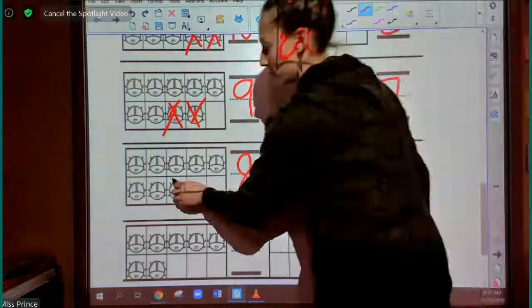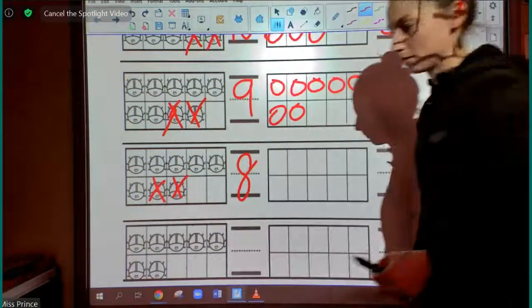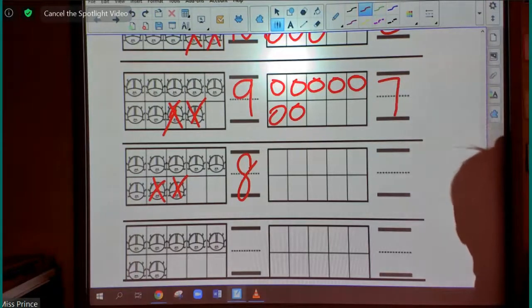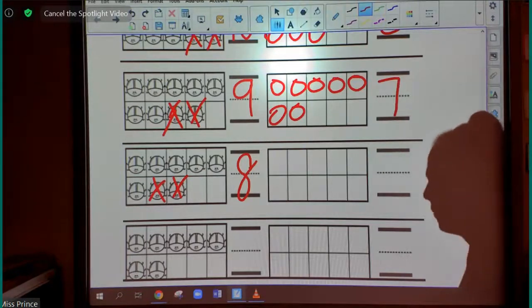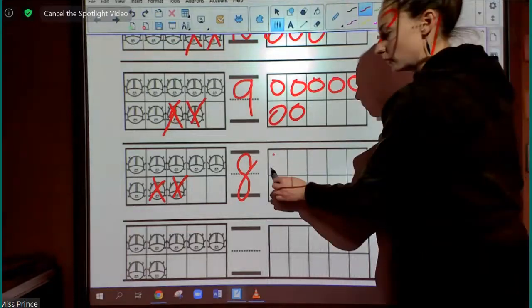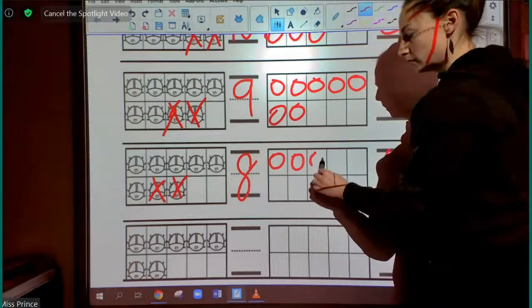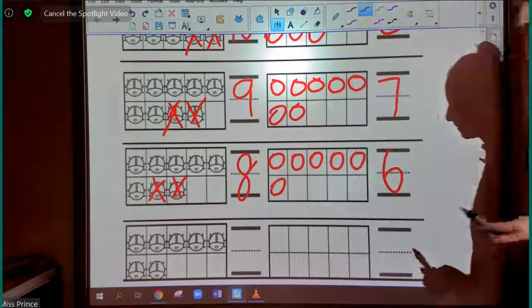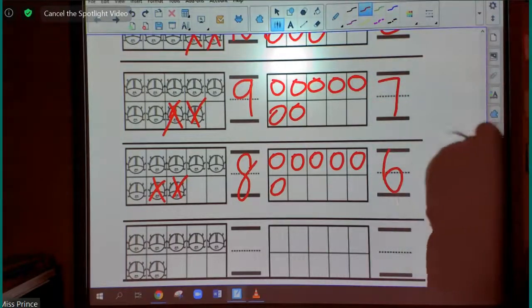We're getting rid of 2 of them. Six. Good job. We're going to draw 6 bugs over here because that's 2 fewer. 1, 2, 3, 4, 5, 6. Great job.